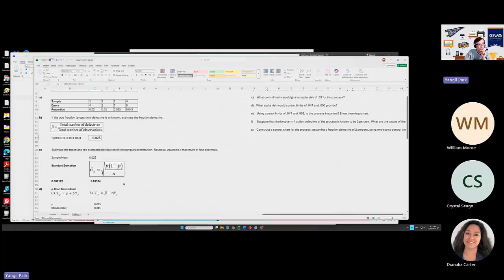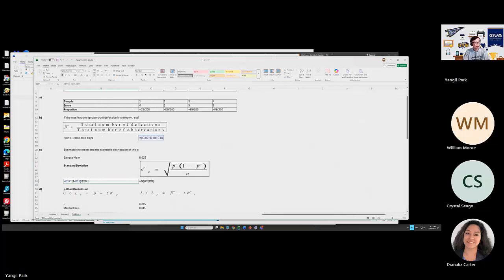So for the p bar, remember the mean of those proportions that we just found from here. That's what we're going to use for the p bar within this standard deviation. So I'm going to just show the formula here. That's the formula, which is the same thing as that, except the square root.